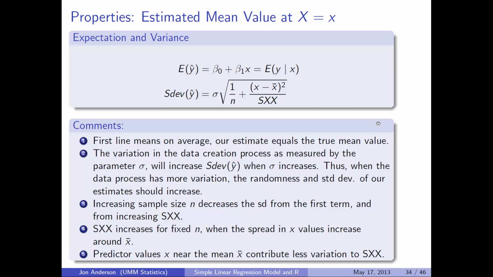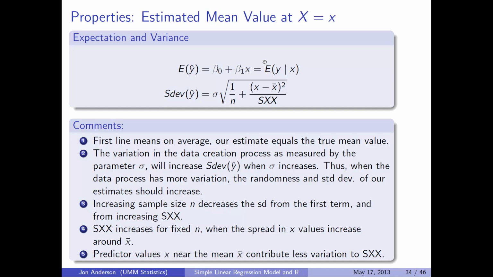So let's go through it. If we're going to talk about what an average value of y is going to be, turns out that a good estimate for the average value of y is just the estimated value from plugging in x into the least squares line. That's what y hat means. It's a fitted value or a predicted value. What it means is you'll plug in a particular value of x, out will come an estimated value of y from the estimated equation, and what we know is that on average that kind of an estimate is going to produce the mean function.